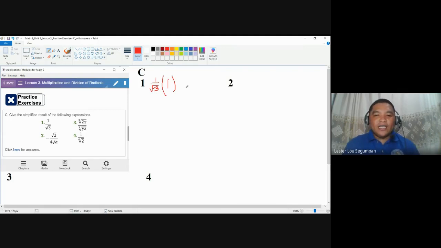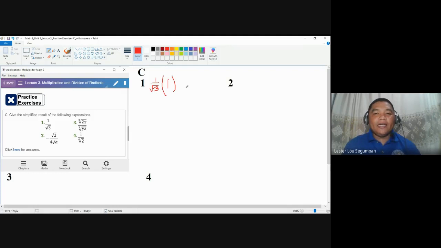But of course, this is still part of the identity property of multiplication, wherein any number multiplied to 1 is the number itself. It's not necessarily 1, but we are going to multiply here a value which is just equal to 1. Okay? That's the first thing.